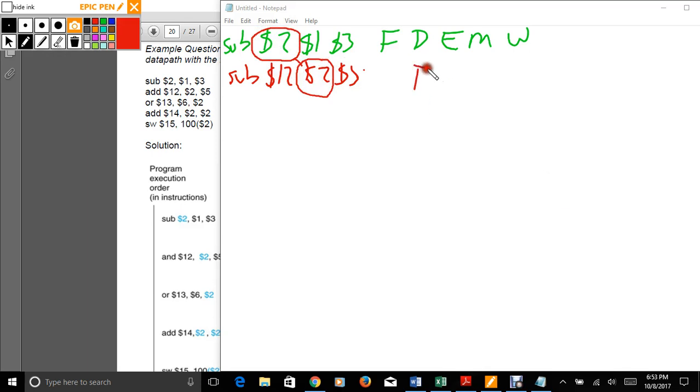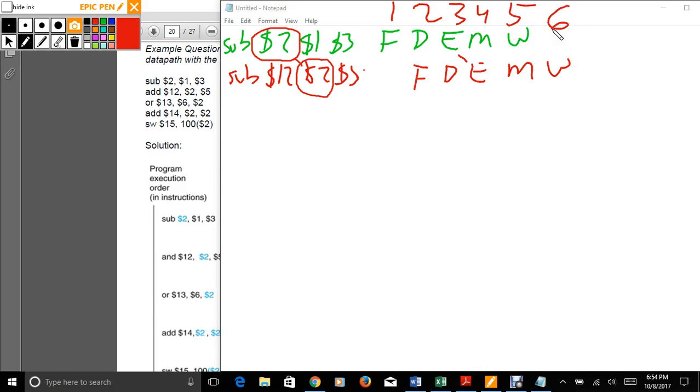And this is fetch, decode, execute, memory, write back. And if you do the data forwarding, you would put it from the output of the arithmetic logic unit from cycle 3. So this becomes cycle 1, 2, 3, 4, 5, and 6, to the input of the ALU at the beginning of cycle 4.